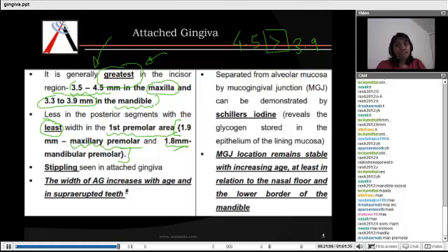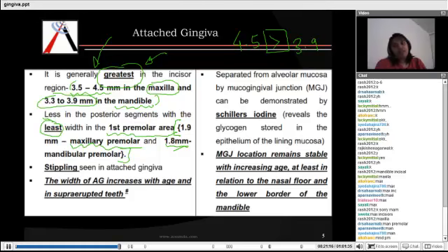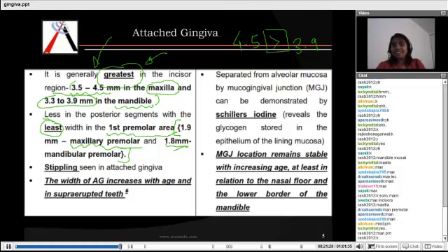So where is your attached gingiva least? It is mandibular premolars. I'm amazed that even after having such a direct reference and direct values, this question is very highly discussed on the forums. Hopefully I will not see you all discussing this question.